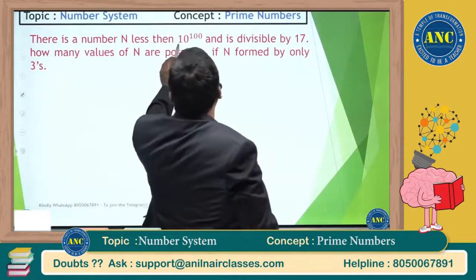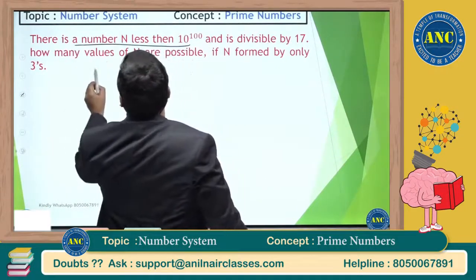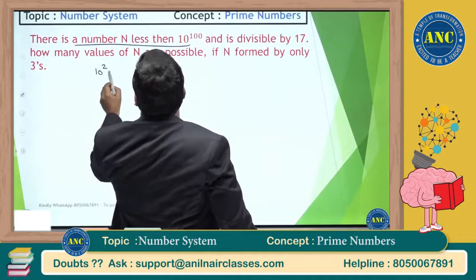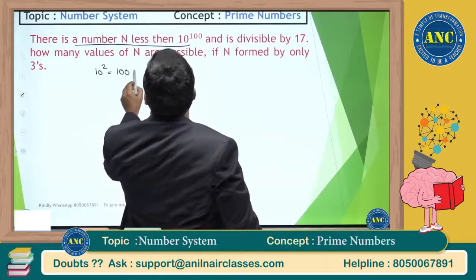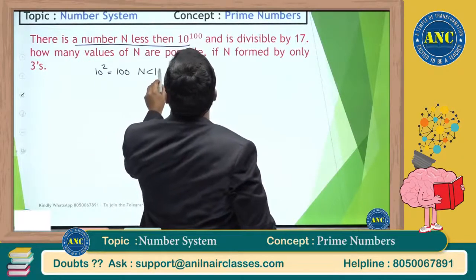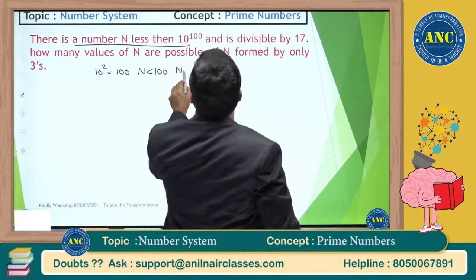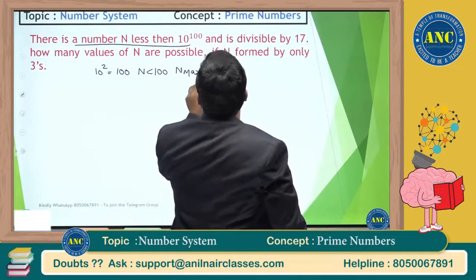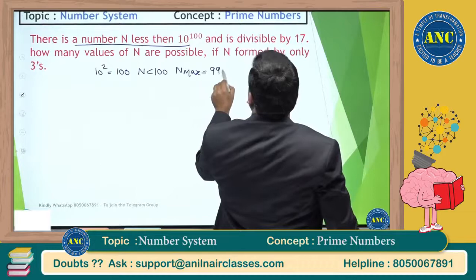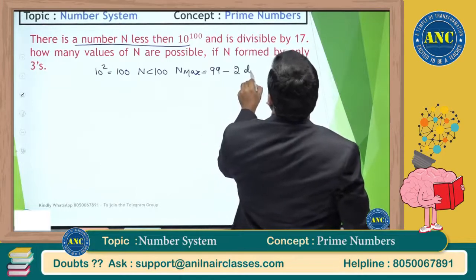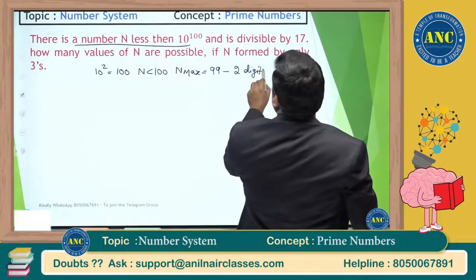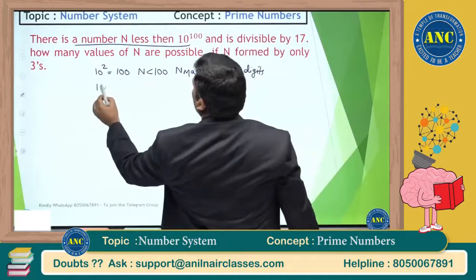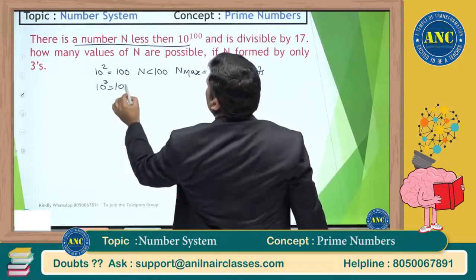There is a number less than 10 power 100. 10 square it is 100. A number less than 100, the maximum value is 99. It will have 2 digits. Suppose if it is 10 cube, 10 cube it is 1000.